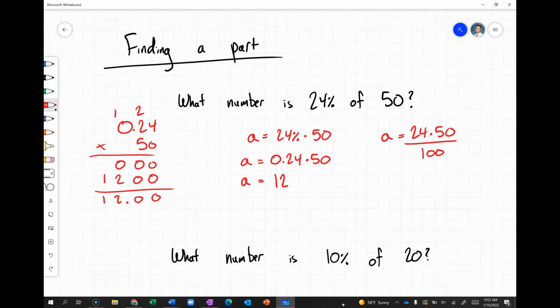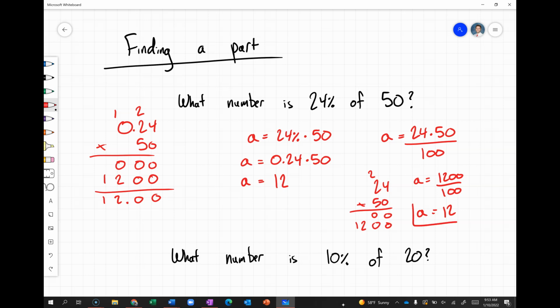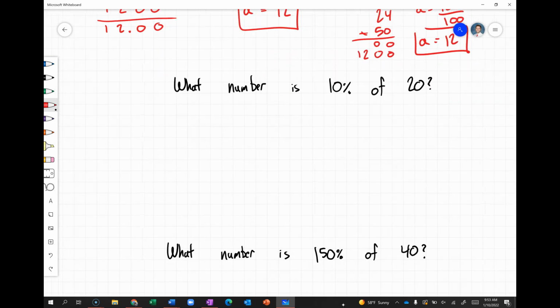So if you did 24 times 50, you would get 1,200, and then divided by 100, you would get A equals 12. So either way, you get the same result, but I want you to see both methods or both equations work. So P percent times W, which can also be written as PW divided by 100.